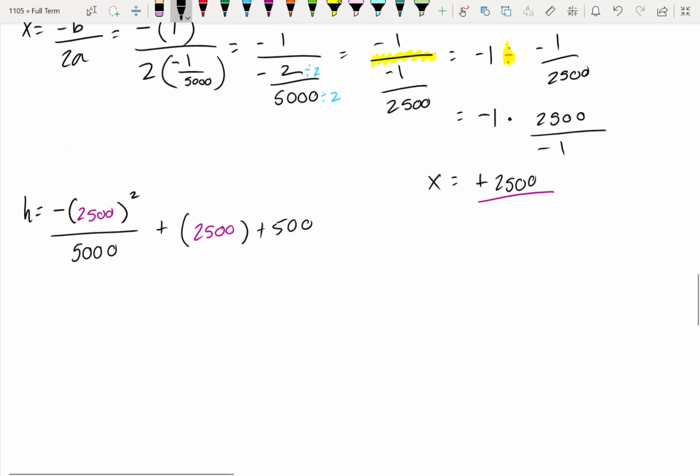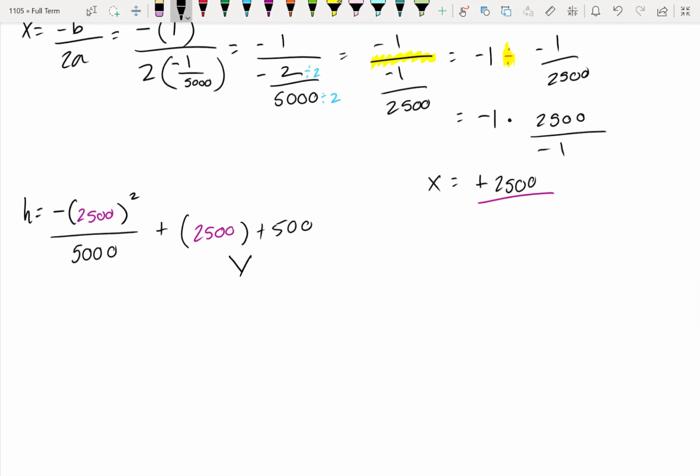Let's do the easiest first. Combine these two. So we have negative 2,500 squared over 5,000 plus 3,000.